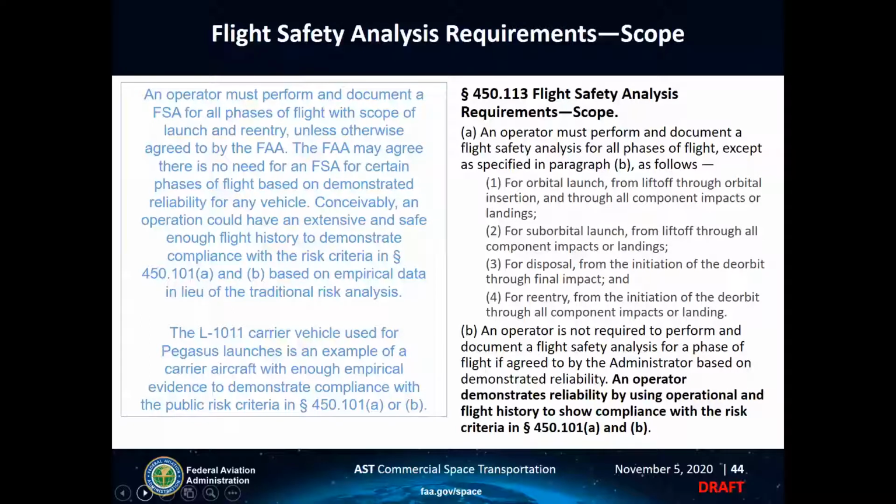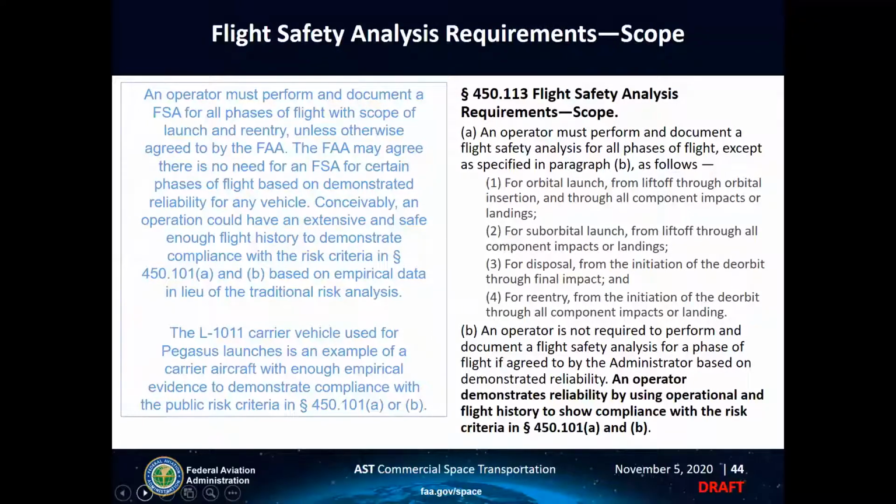So an example of that would be the L-1011 carrying the Pegasus vehicle, where there were plenty of previous flights that, just from empirical data alone, you could see that the flight of the L-1011 would meet our risk criteria in 101A and B. There's a note also in the preamble to the final rule about what operational history includes. And so you can see that.